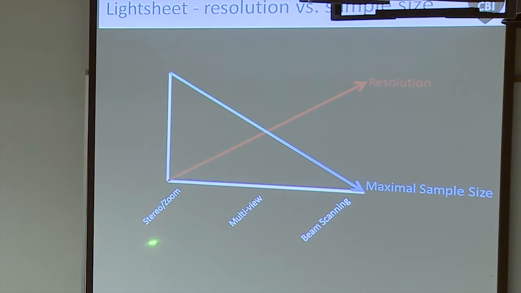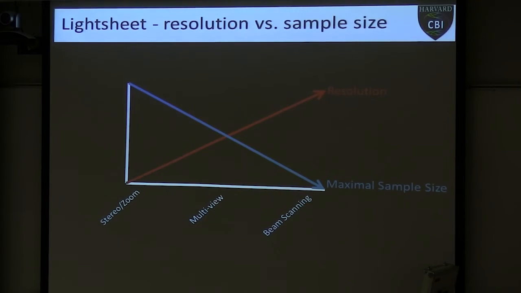So if we're looking at that stereo or zoom design, we can get a really, really large sample in there, but our resolution is going to be pretty poor. Okay? Once we get out to beam scanning designs like a lattice light sheet, we have incredibly high resolution, but unfortunately we can only get a really small sample under there. Okay? So I think that's really the take-home message between these different designs.